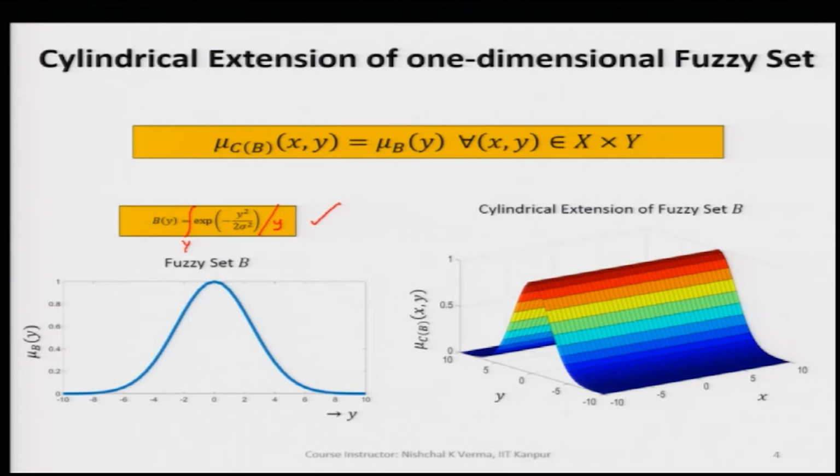So, when we add one more dimension in the x direction, the cylindrical extension happens when we take the cylindrical extension of the fuzzy set B. It is very simple to understand, and in a nutshell we increase the generic variables in the cylindrical extension of fuzzy sets.